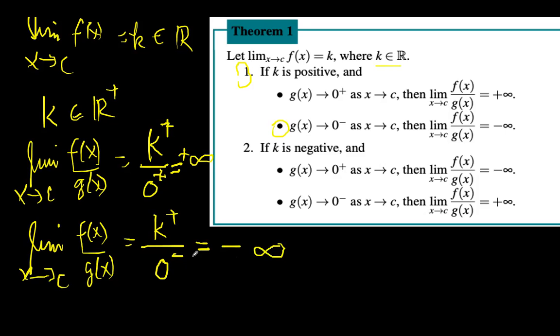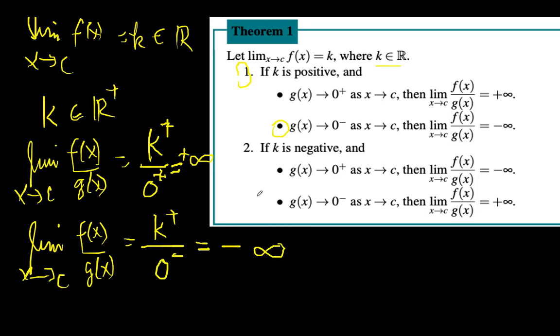It's just like undefined, but we cannot find the specific real number that this graph will approach, since the denominator is approaching 0. So we have a negative infinity limit.